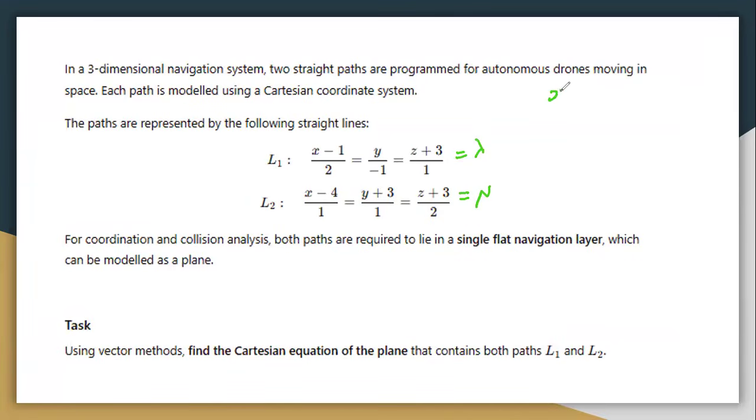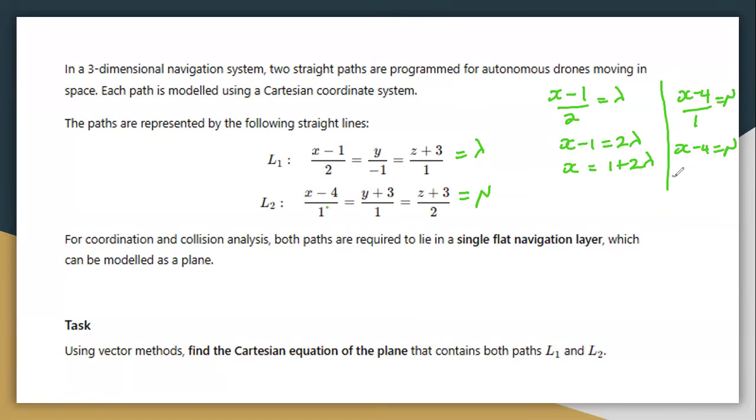Then ask what your parametric form is. x minus 1 out of 2 is equal to lambda, so x minus 1 is equal to 2 lambda, and x is equal to 1 plus 2 lambda. On the second one, x minus 4 out of 1 is equal to mu, so x minus 4 is equal to mu, and x is equal to 4 plus mu. That's how you can do it.